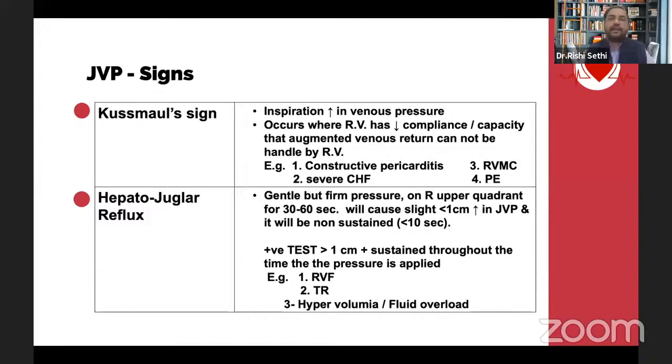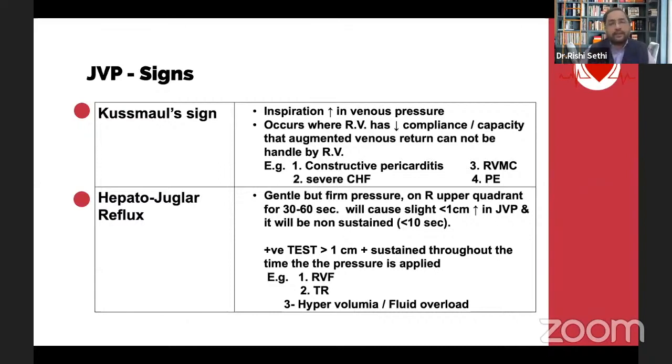So you apply a sustained, firm pressure over the epigastrium or right upper quadrant for 30 to 60 seconds, and this generally will cause a rise in JVP of less than 1 centimeter in height, and it will be non-sustained. If you continue to apply pressure, then after 10 seconds your JVP height will come down. That's the normal response.